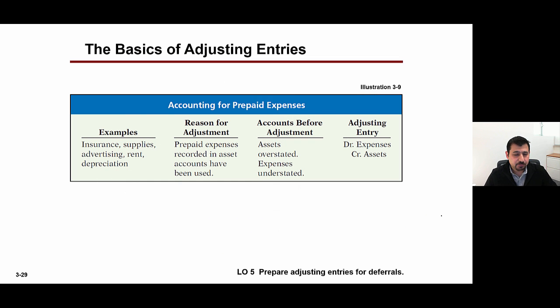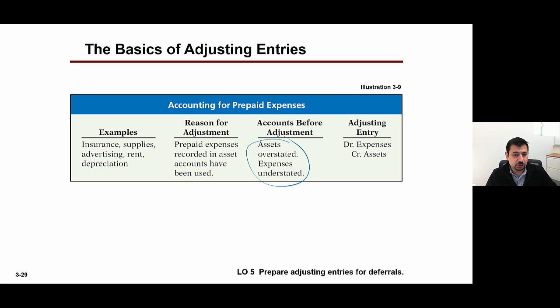To summarize, prepaid expenses, before adjustment, the assets were overstated, expenses were understated. It's very important to understand this. And why? Because until that point, we were saying that we had, for example, in the example of supplies, $2,500 worth of supplies.